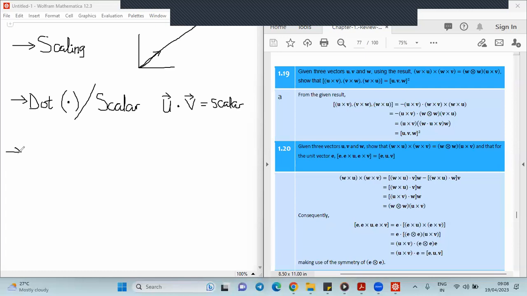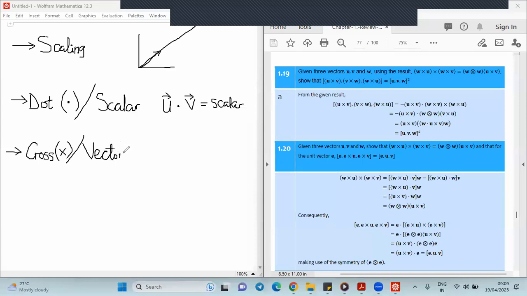The next one, which can be scary at times, is called the cross product. Again, it's only called a cross product because a cross is used to indicate the type of product it is. But its alias, or nickname, is vector product.